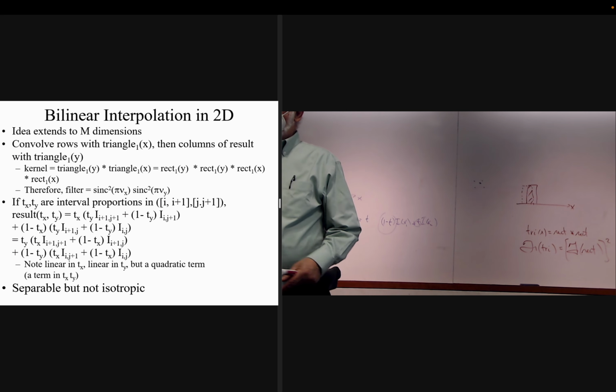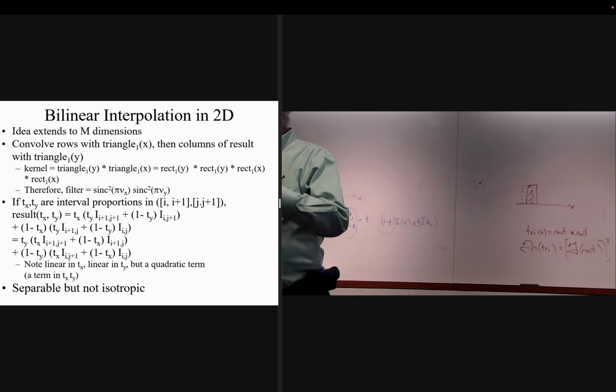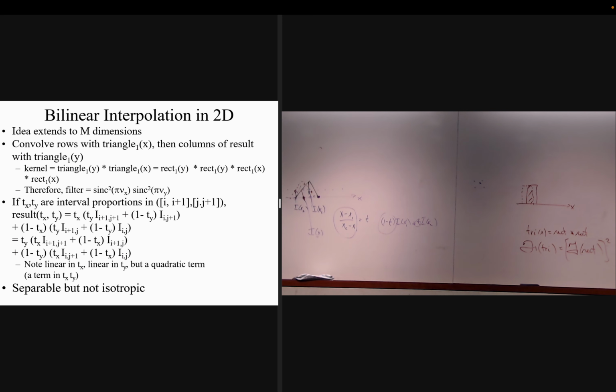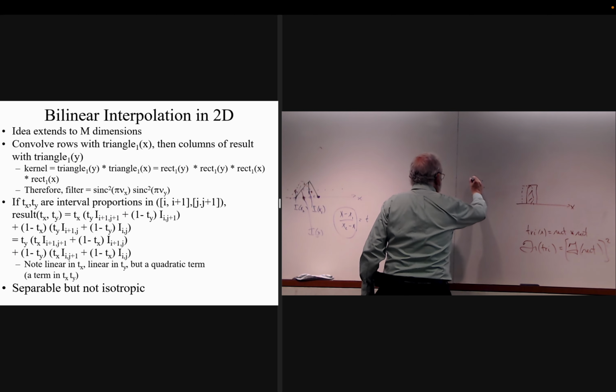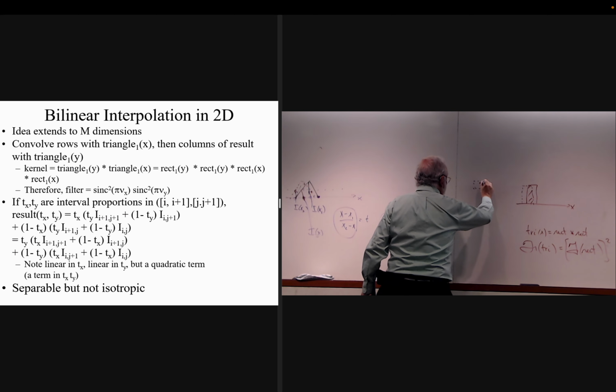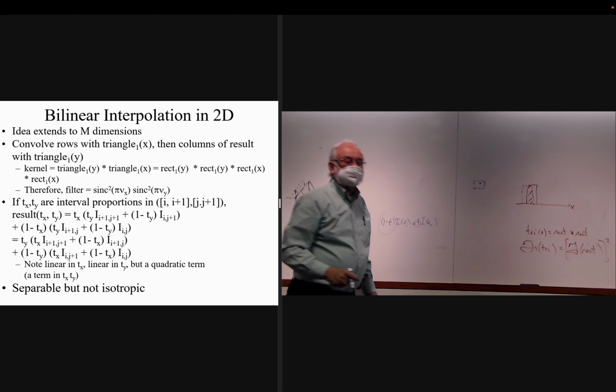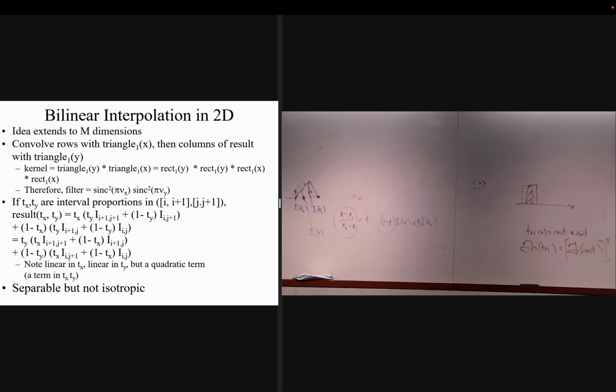In 3D, there's going to be 8. 2 closest in x, 2 closest in y. In other words, we look at in which square of pixels this x lives. And in 3D, there's a cube, and we look at which little cube x lives in. And so we want to interpolate at x.